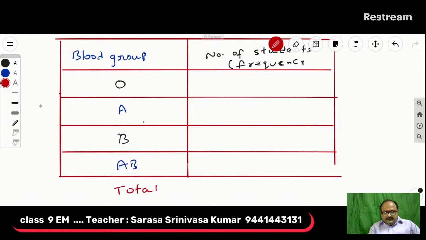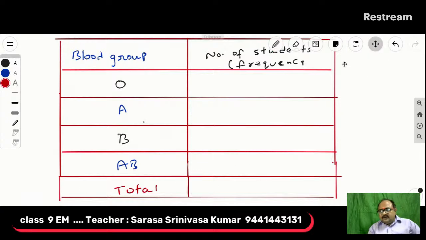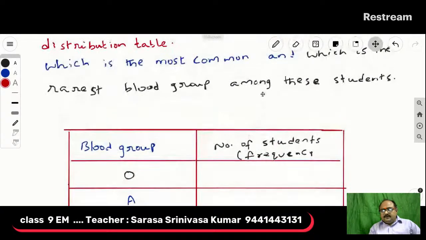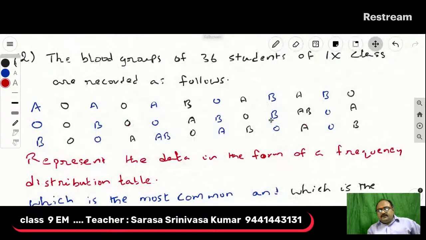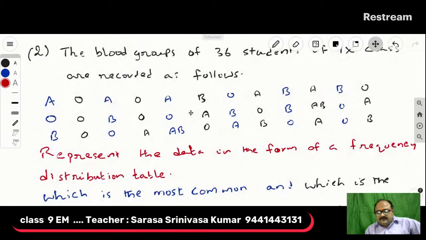If we add the total frequency, we should get the total number of students, that is 36. The frequencies of all these 4 types of blood groups must add up to 36.